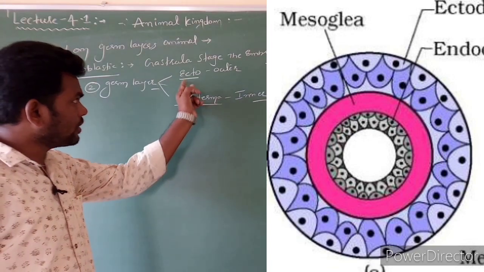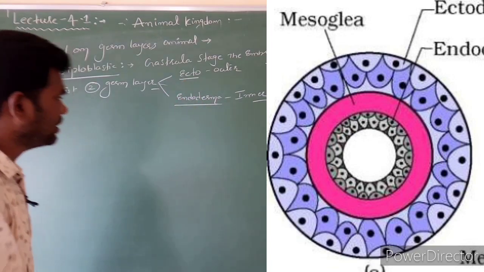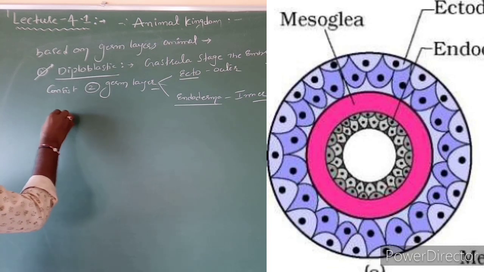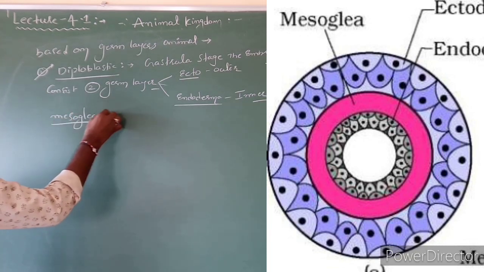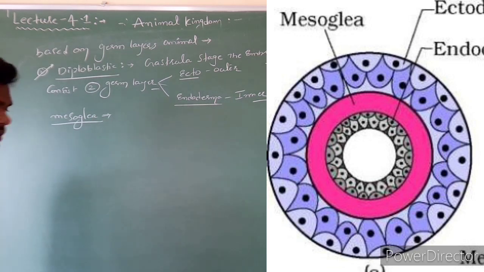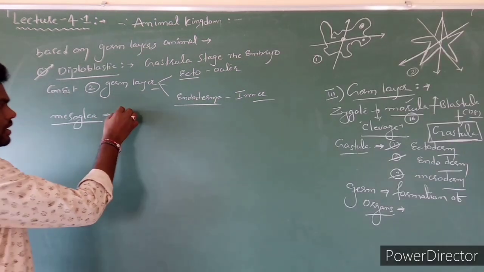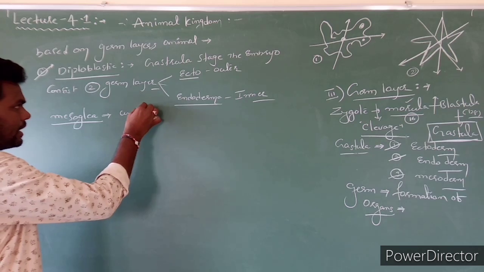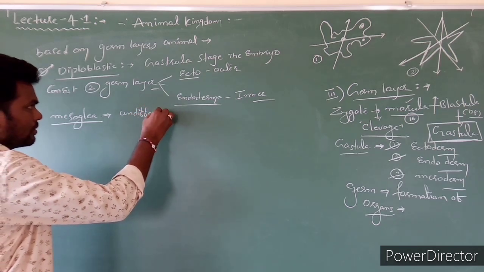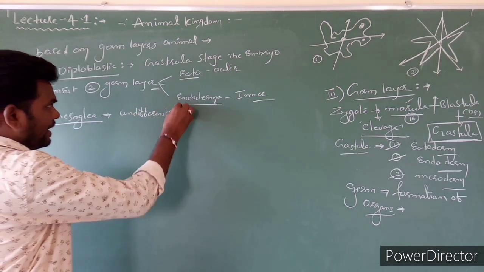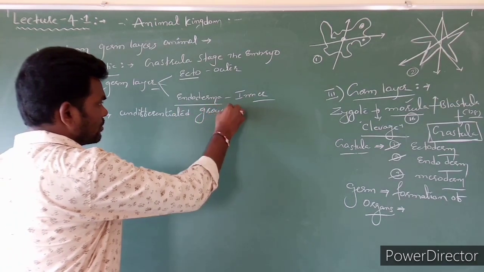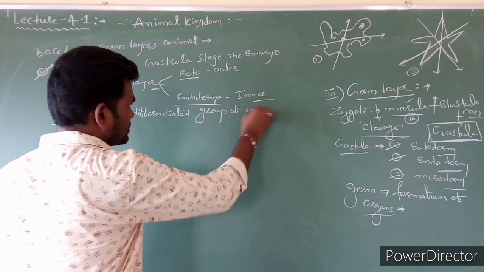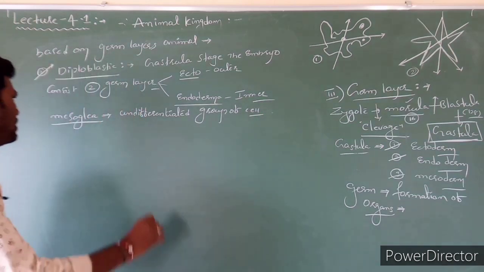In between ectoderm and endoderm, mesoglea cells are present. These mesoglea cells are an undifferentiated group of cells. Such are called as what?